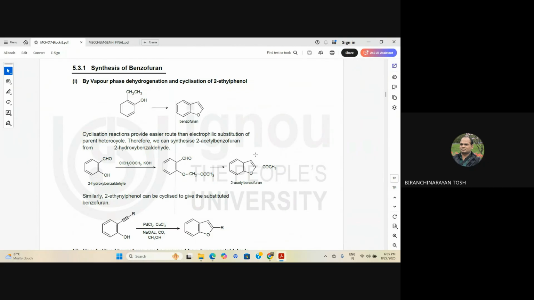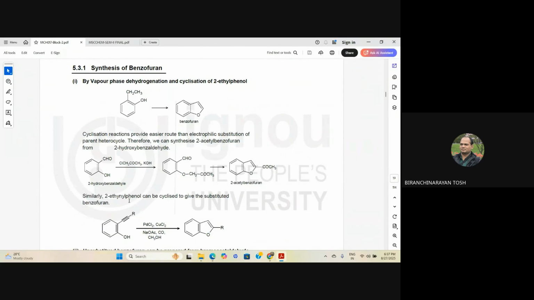First one is by vapor phase dehydrogenation and cyclization of 2-ethylphenol.